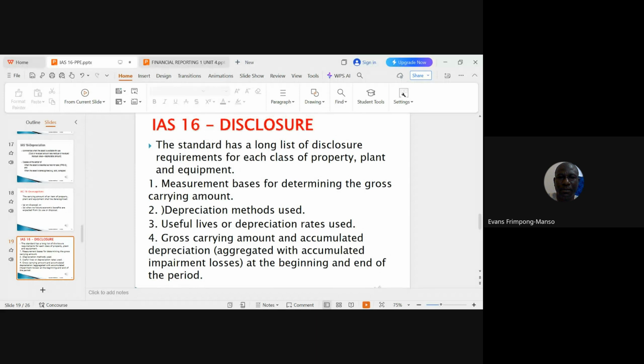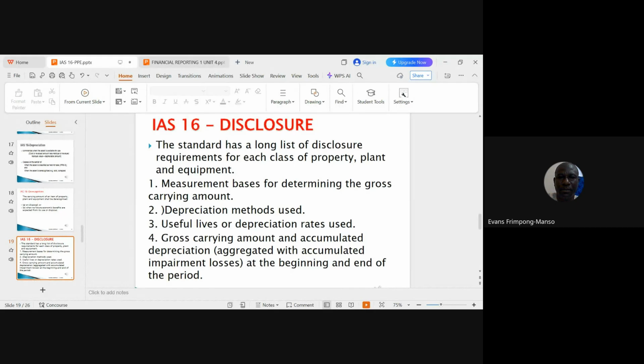Then, when we say you are disclosing, it means property, plant, and equipment. What information should we make available for the users of financial statement to help them understand the financial statement?